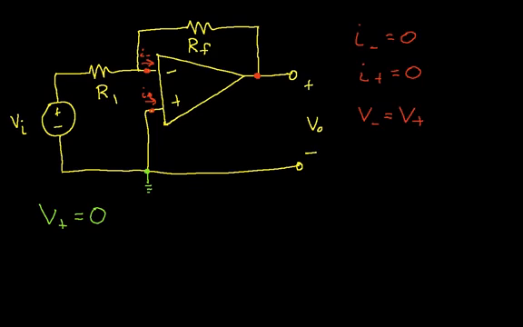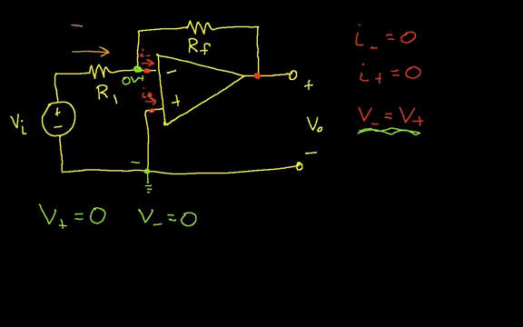Which means then that V minus will also be equal to 0 volts because we're making this assumption due to the ideal op-amp model. So this node in the circuit is at 0 volts, the difference between here and ground. So that allows us then to fairly easily compute the currents that flow through R1 and RF.